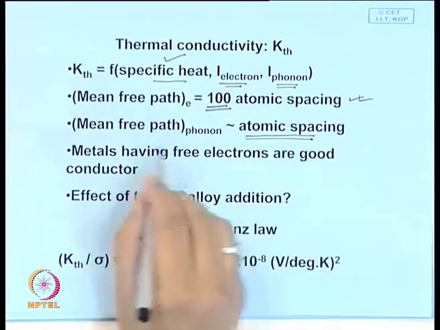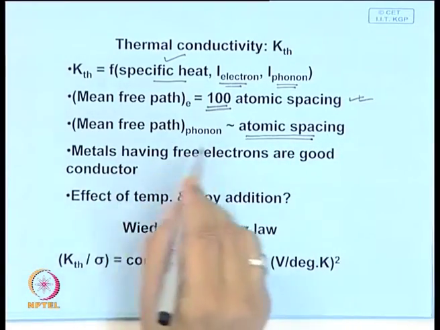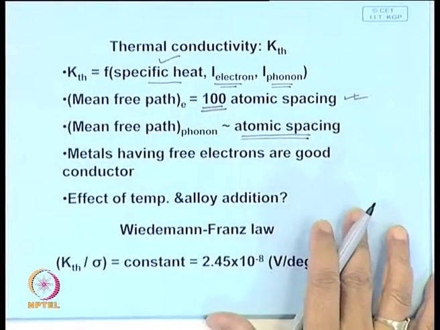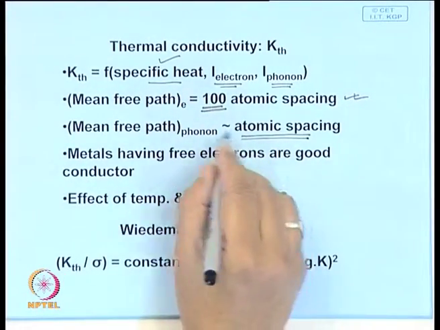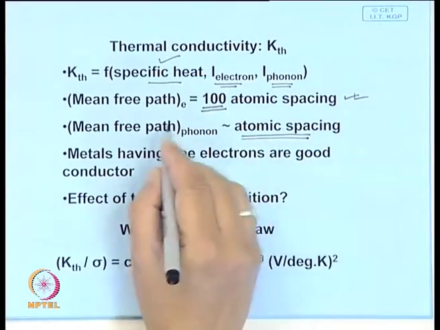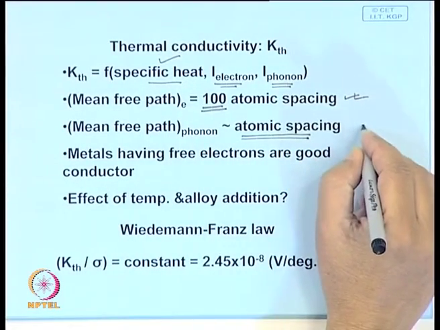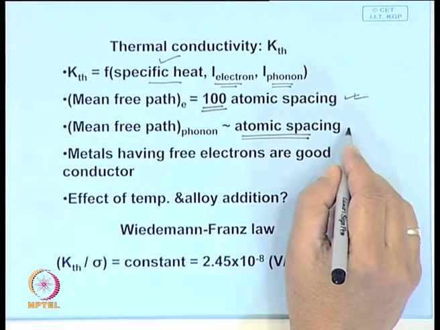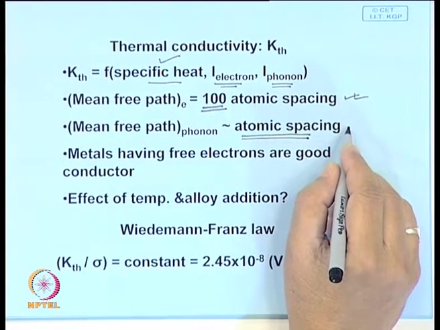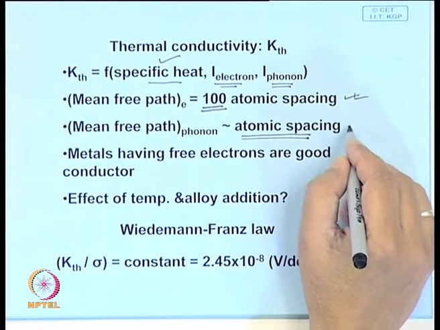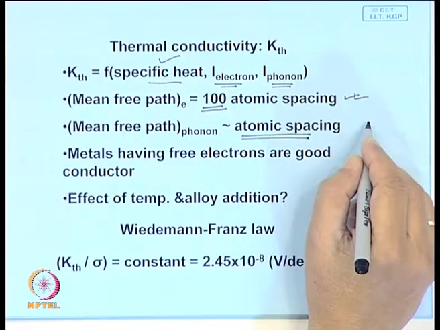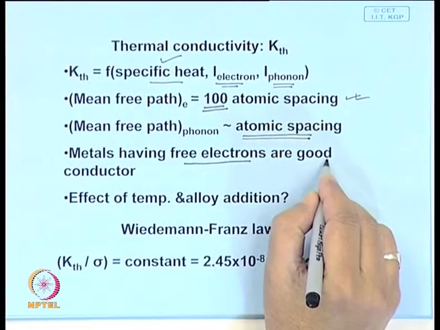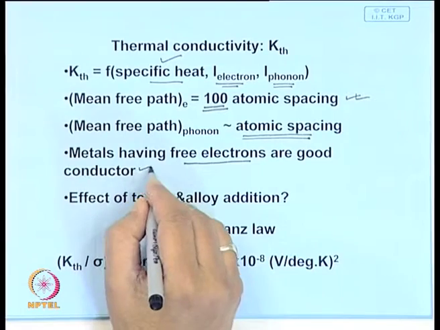Therefore, in any structure, solid or liquid, wherever you have ionic or covalent bonds, there is no free electron. So, they are bad conductors, in fact even bad thermal conductors. Metals have free electrons, so they are good electrical conductors and good thermal conductors as well.